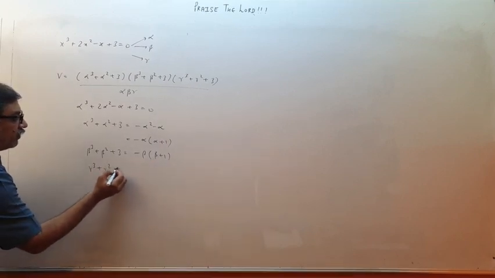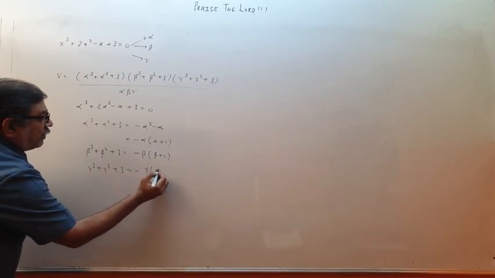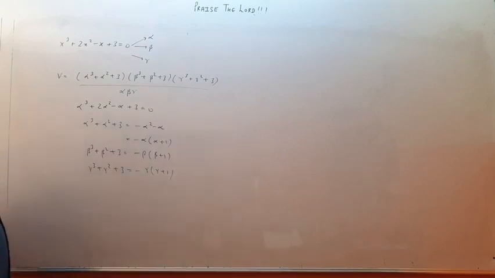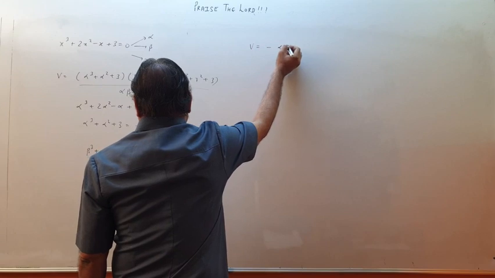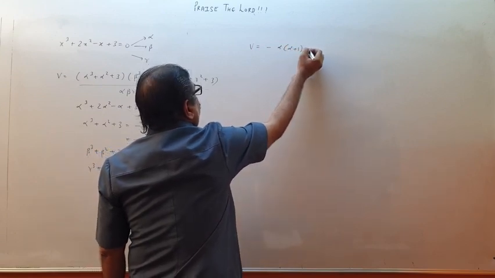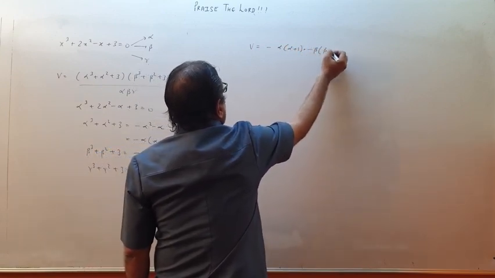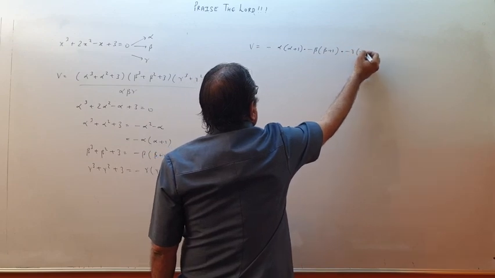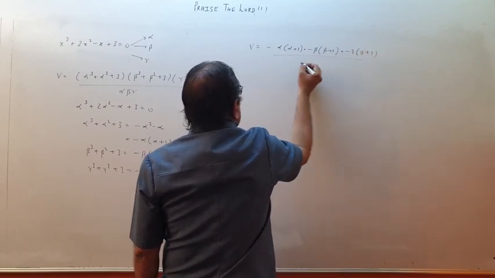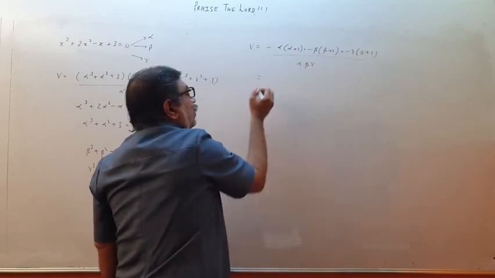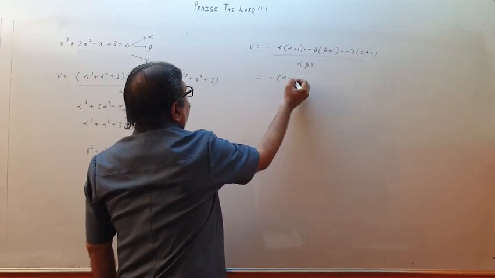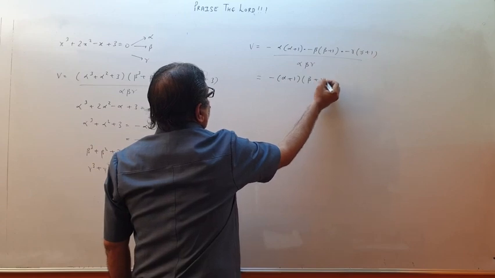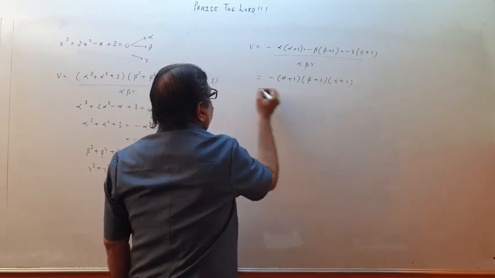And gamma cube plus gamma square plus 3 will become minus gamma into (gamma plus 1). Put the things over here. The value becomes minus alpha (alpha plus 1), minus beta (beta plus 1), minus gamma (gamma plus 1) upon alpha beta gamma. So alpha beta gamma cancels, the minus sign remains, that is (alpha plus 1)(beta plus 1)(gamma plus 1). This is the value.